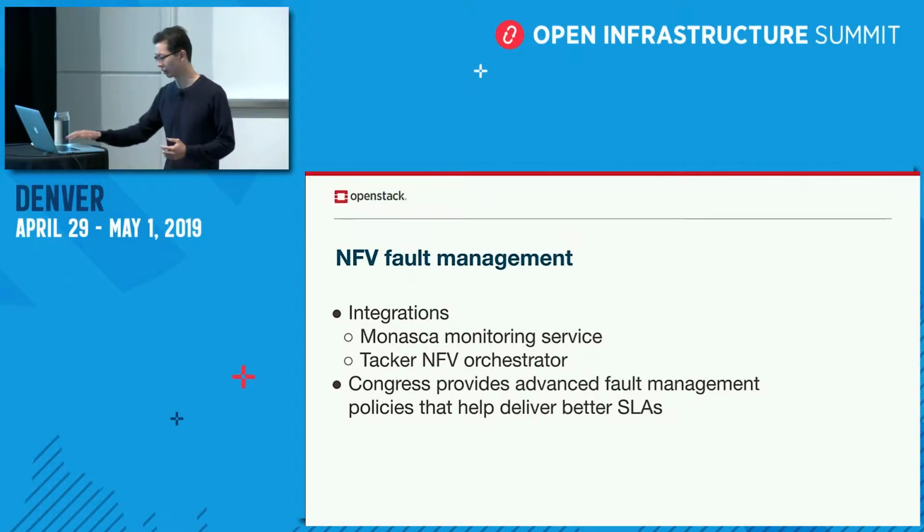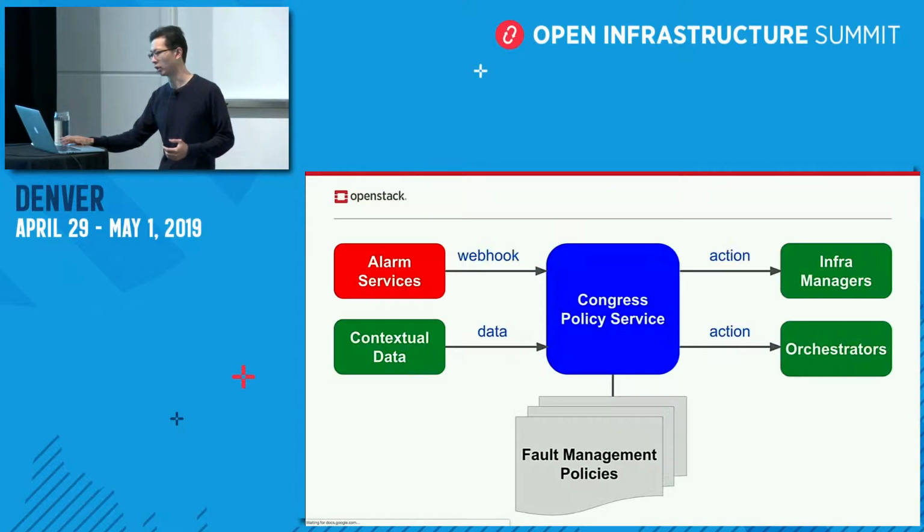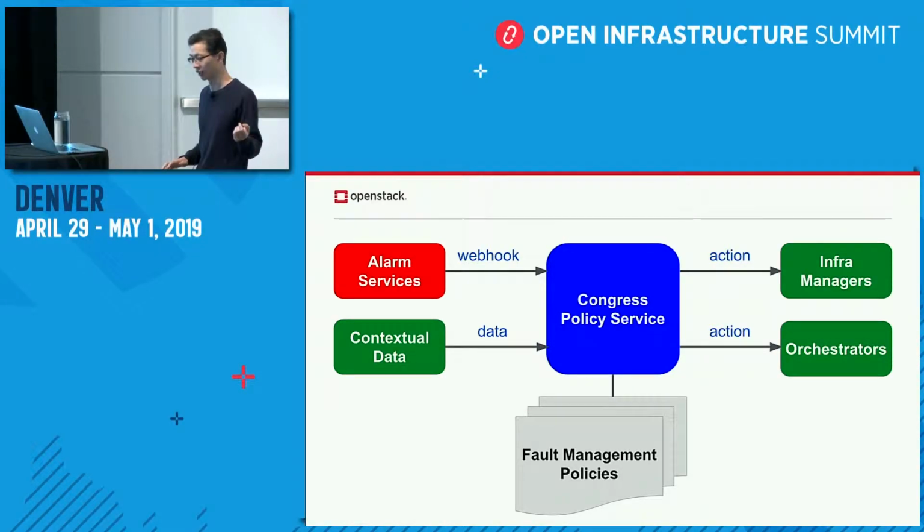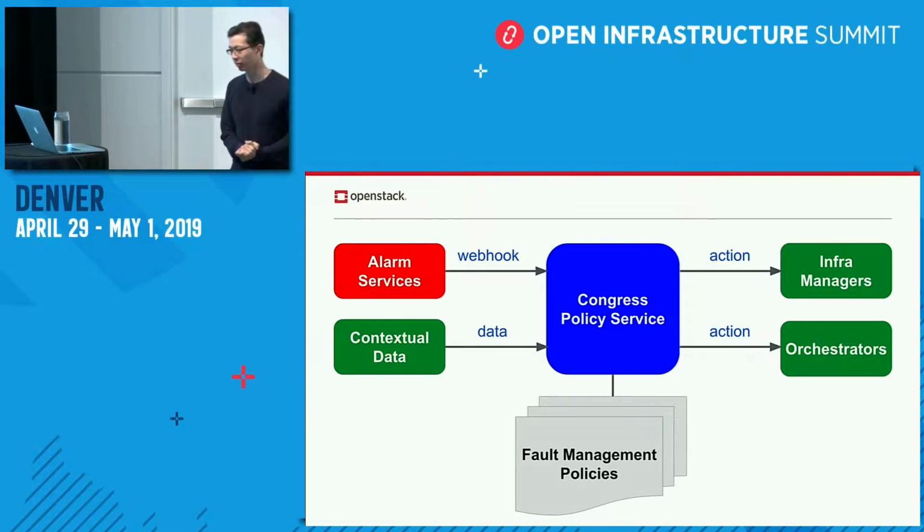Let's look at this in more detail. Right, so the overall architecture looks something like this. On one side, we have the alarm services, such as Monasca, as well as other contextual data from Tacker and Nova and Kubernetes and so on, feeding data into Congress Policy Service in the middle.